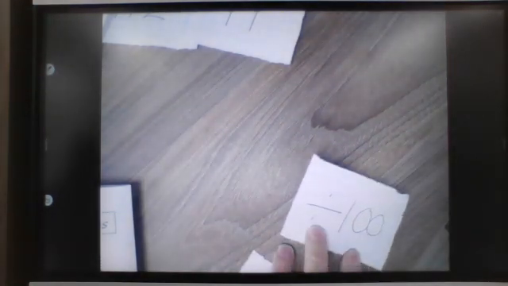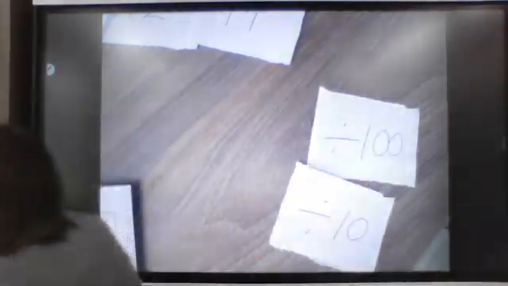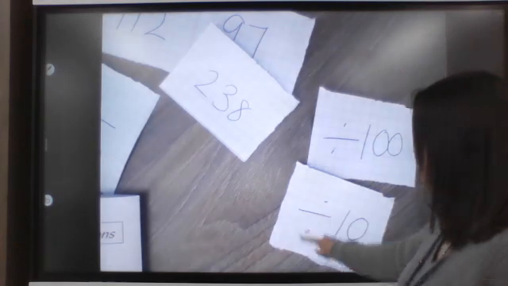The second thing that you need to make is 2 cards, one with divide by 100, one with divide by 10. So you'll have 10 cards with a mixture of 2 or 3 digit numbers like mine, and then 2 cards, one with divide by 100 on and one with divide by 10, for our game.